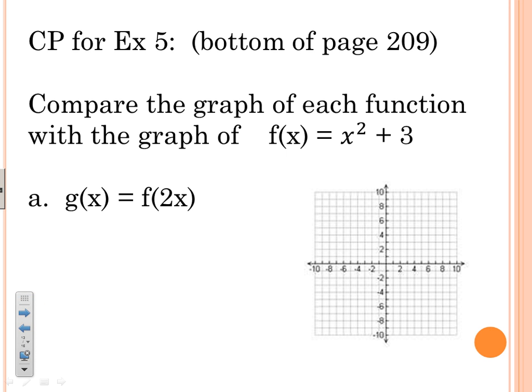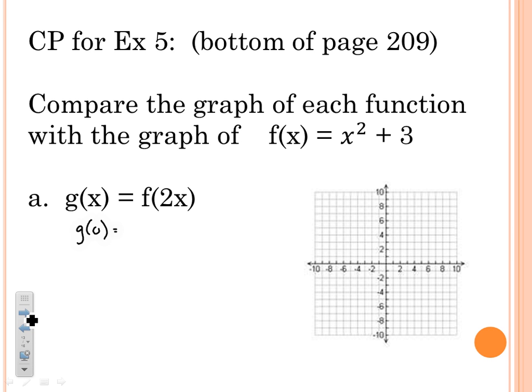At the bottom of page 209, look there now. I've got these two graphs on here. We're going to still look at a horizontal shrink and stretch. So if I'm looking at g of x is equal to f of 2x, where f of x is the basic function, let's see what multiplying x by 2 does to our values.